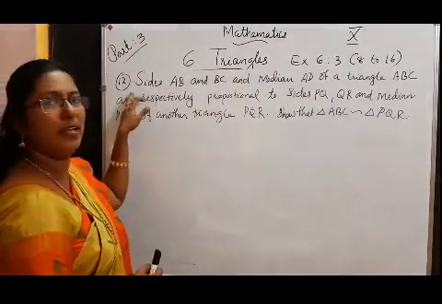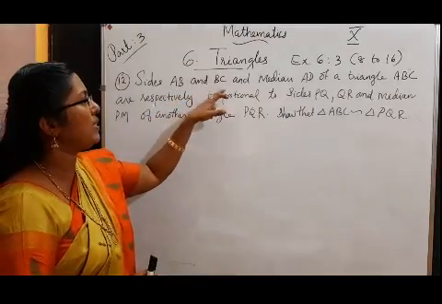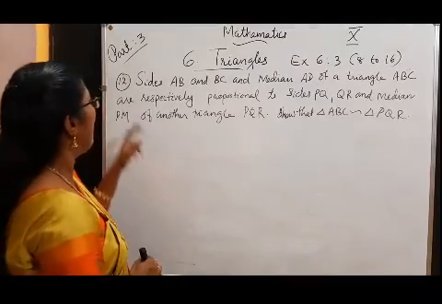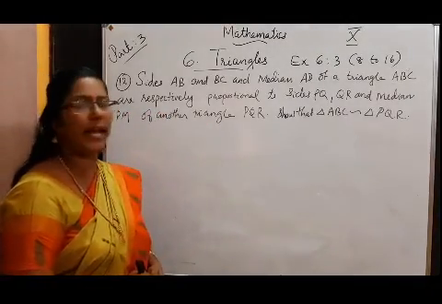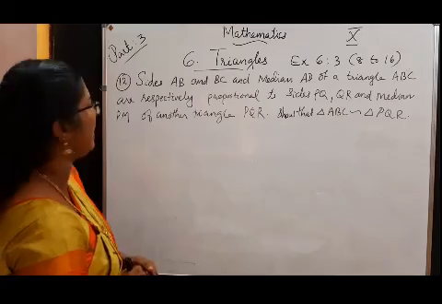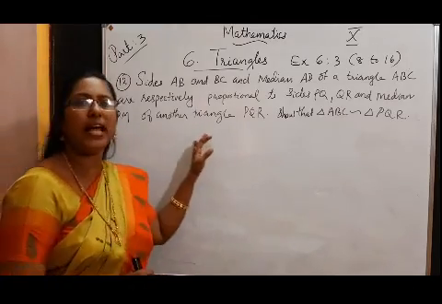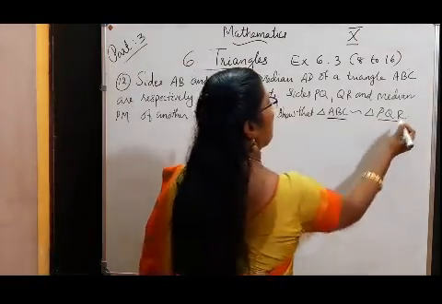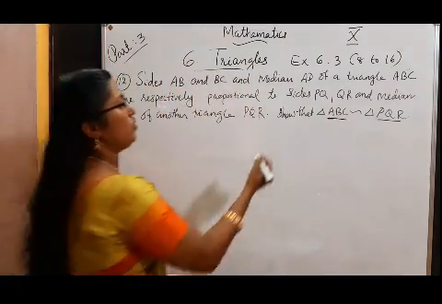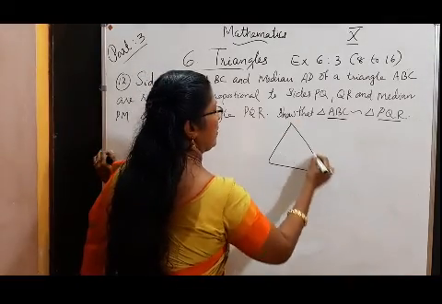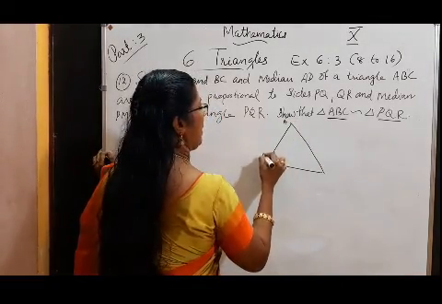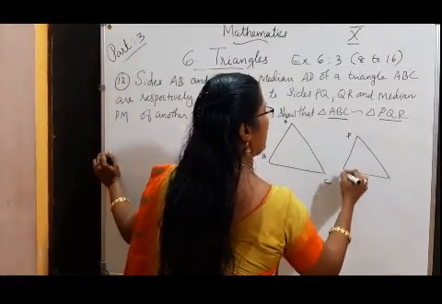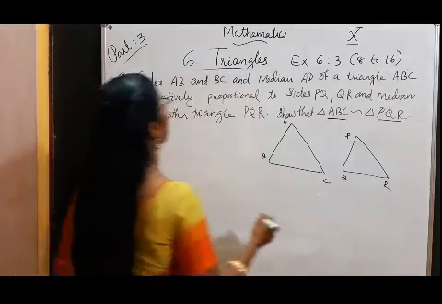Question number 12. Sides AB and BC and median AD of triangle ABC are respectively proportional to sides PQ, QR and median PM of another triangle PQR. Show that triangle ABC is similar to triangle PQR. Here are two triangles, ABC and PQR.